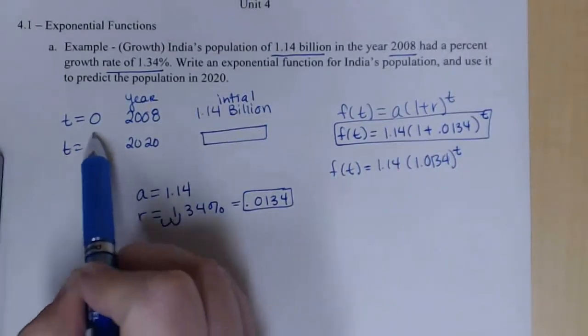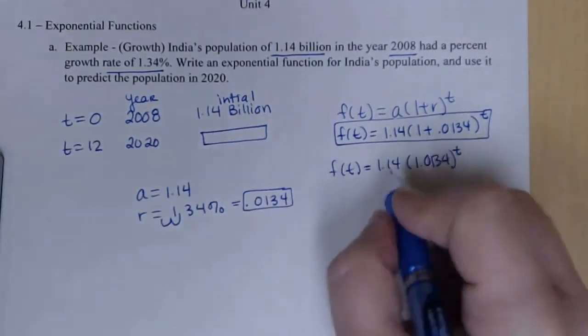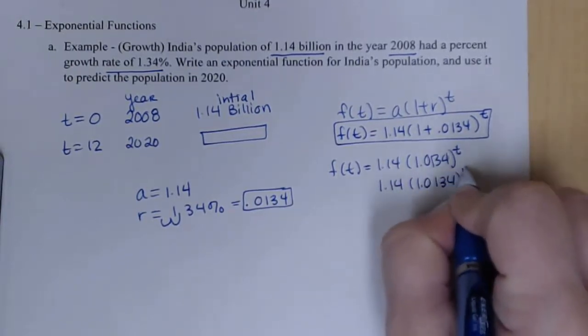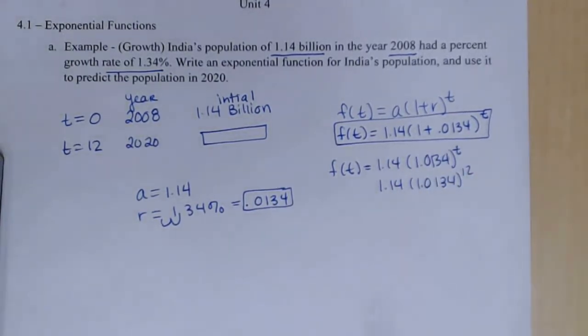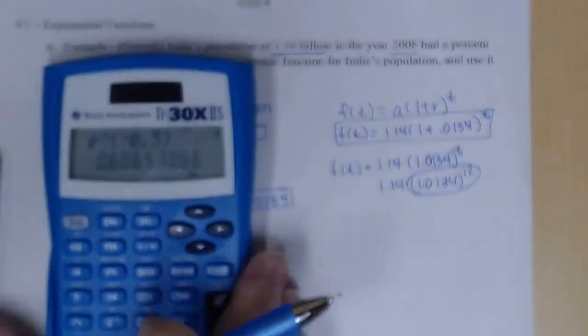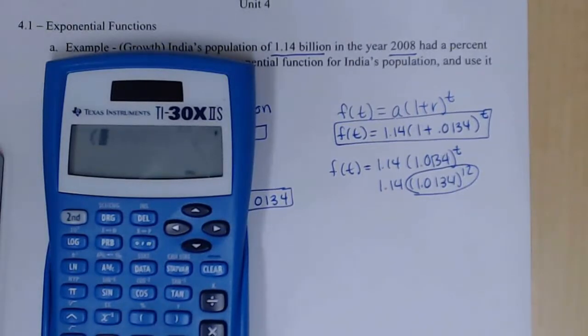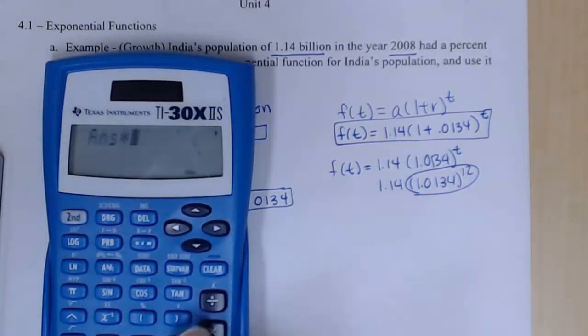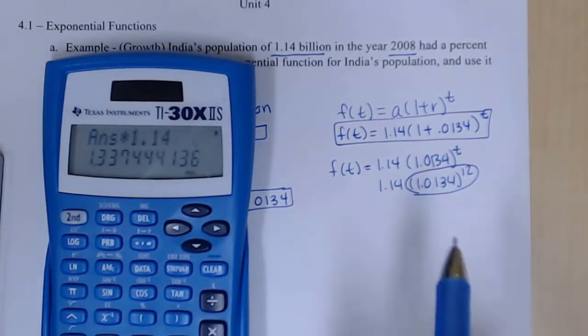Now I need to find out what is the population in 2020. Well, we already decided we're going to use 12 to represent 2020. So I'm going to say 1.14 times 1.0134 to the 12th. Now, again, when you go to your calculator, you want to enter this first and do your exponent first. So I'm going to say parentheses 1.0134 raised to the 12th. There's my value. Now I'm going to multiply it by 1.14.